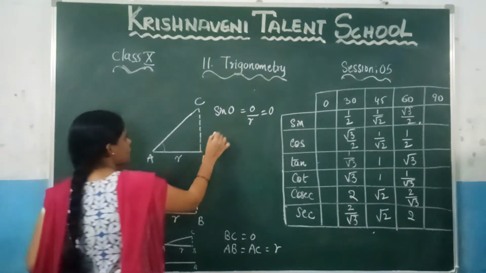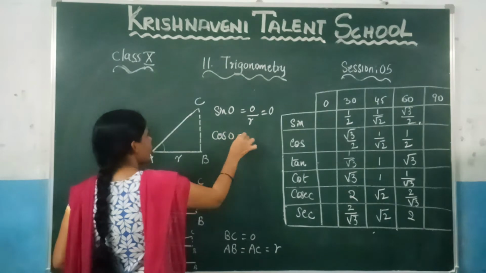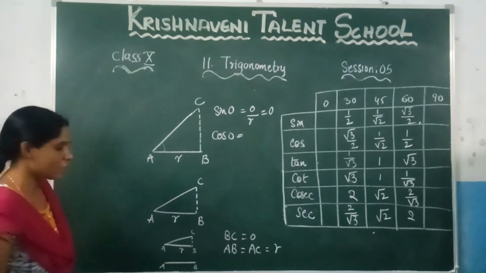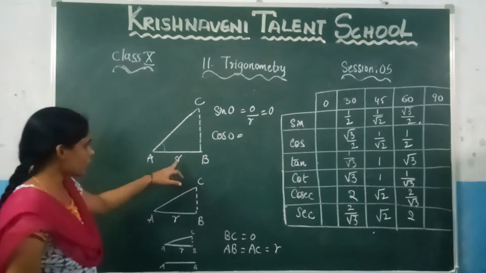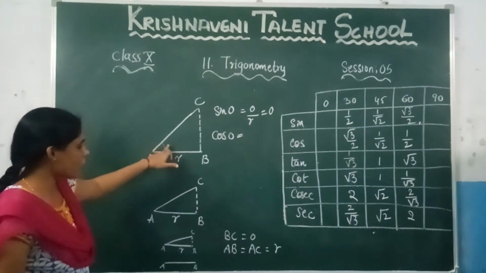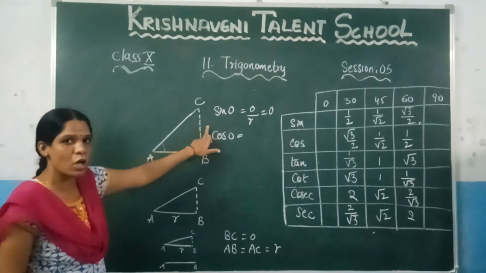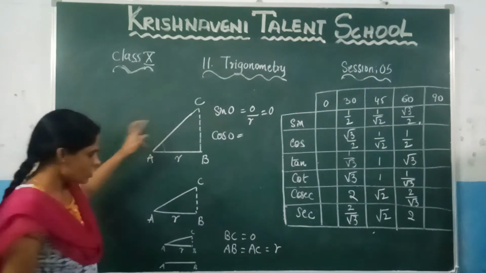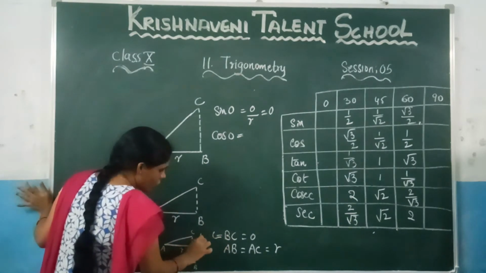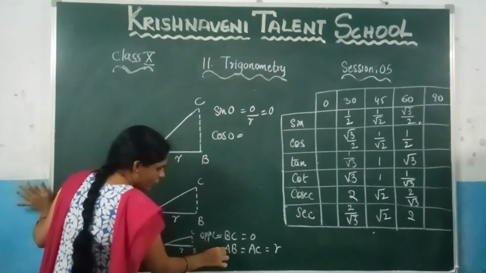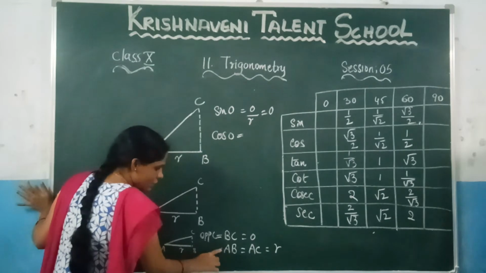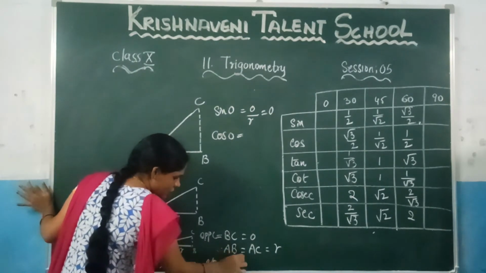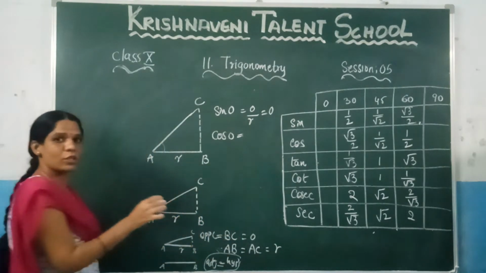Now let us see cos. What is the formula for cos? Adjacent side by hypotenuse. In this case, the opposite side will become 0, and the hypotenuse and the adjacent side will become the same if the angle is equal to 0.